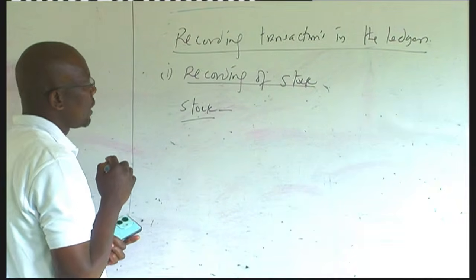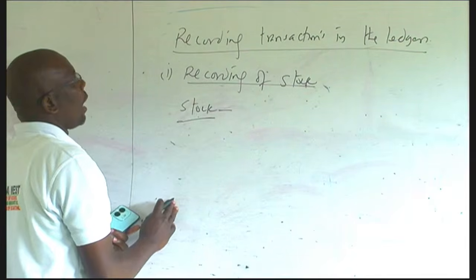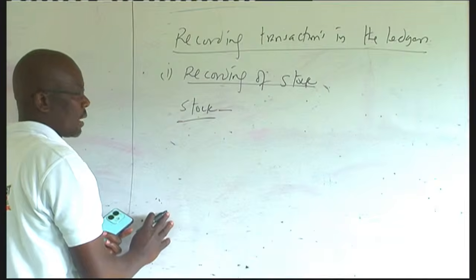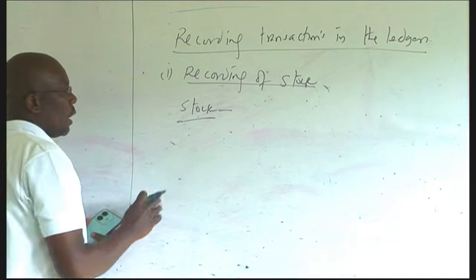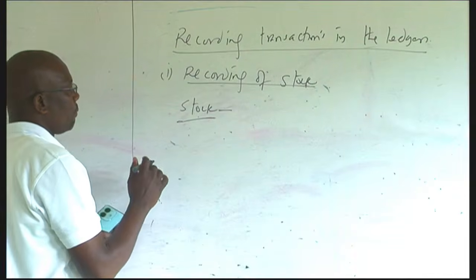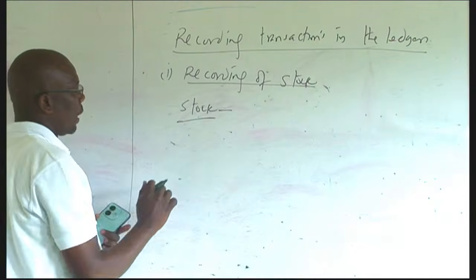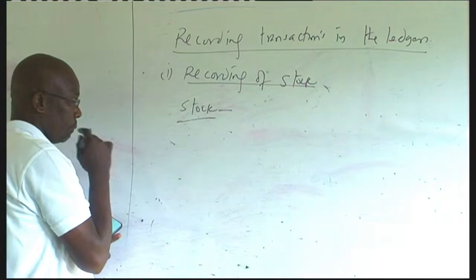Now, in not many cases will you find stock in the books or in the ledgers. The reason is stock is in four forms. So we always will prepare them. We'll open books of accounts for the four and not the general stock.